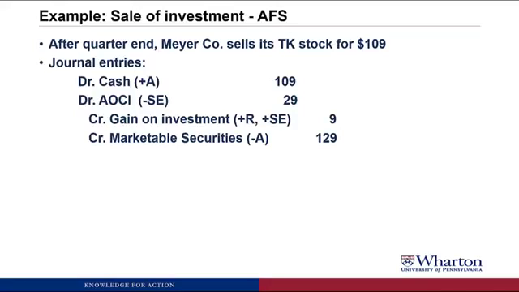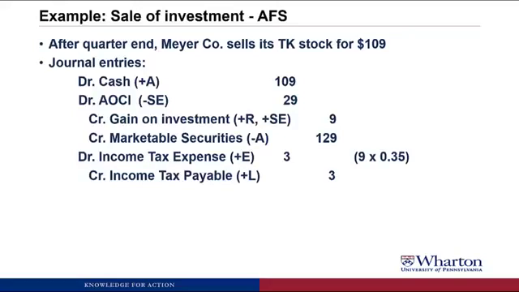So if our realized gain on the income statement is 9, that's the same gain that's going to be taxed for tax purposes. So we're going to debit income tax expense for 3, that's the gain of 9 times 35%. That's exactly what we owe the government. So there's no difference in the timing of taxes and books here with this gain. So we have income tax payable of a credit of 3.